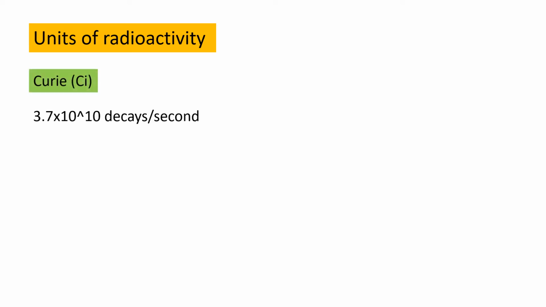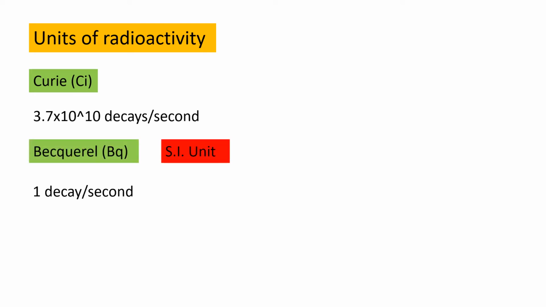So what do you use to measure radioactivity? Well, you use a tool, right? So what unit is that tool based on? One of the units is the curie, and the other one, which is the official unit, is the becquerel. Both measure how many decays per second. 1 becquerel is 1 decay per second, while 1 curie is 3.7 times 10 to the power of 10 decays per second.